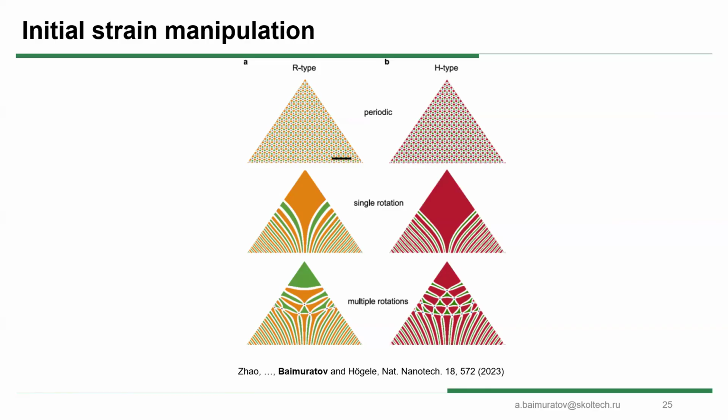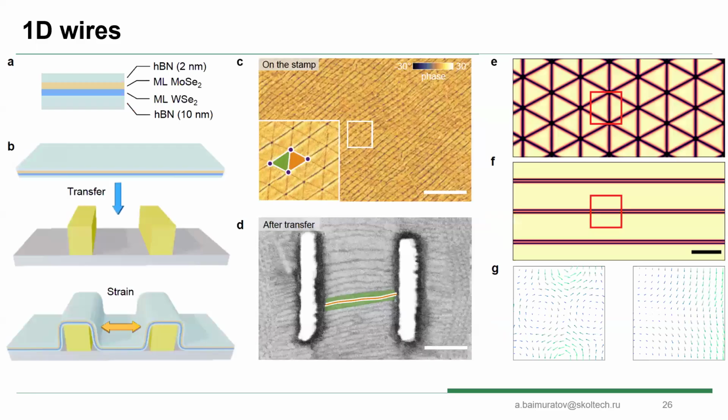You can create some patterns that can be used for some application maybe. The idea of the work was: is it possible to introduce special strain to the system to obtain 1D wires on purpose? And we successfully did that.